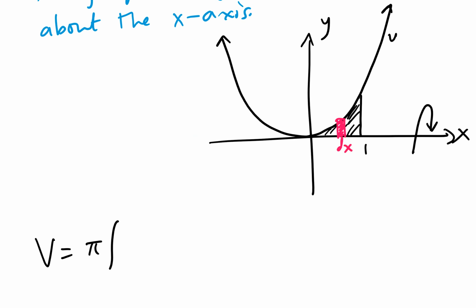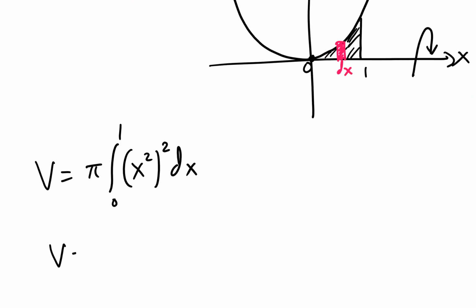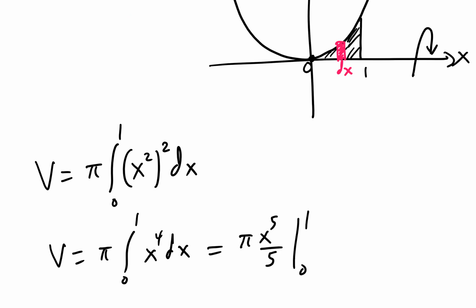The function is x squared, and remember, you need to square it, dx, using the disk method. The integral should run from 0 to 1. This integral is easy to integrate. This is x to the 4 dx, and this becomes x to the 5th over 5 from 0 to 1. So the answer is pi over 5.